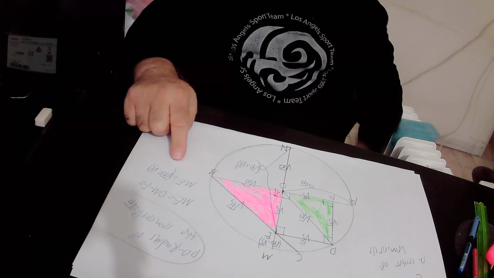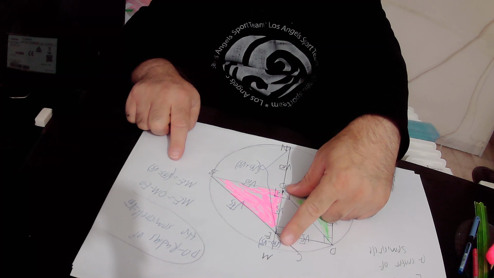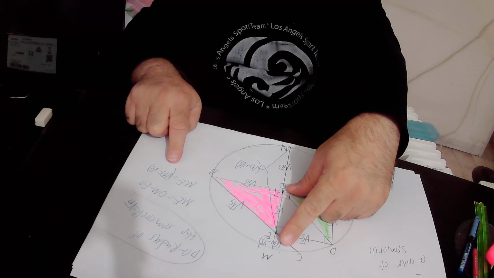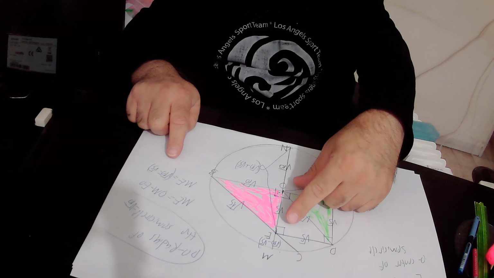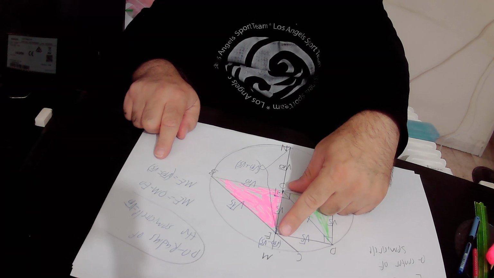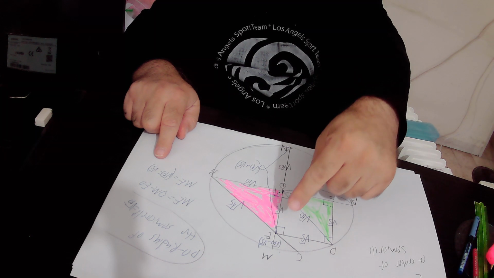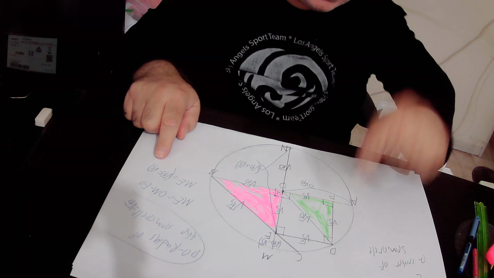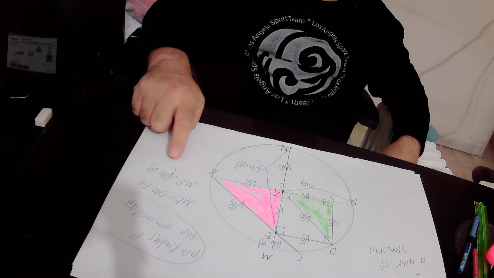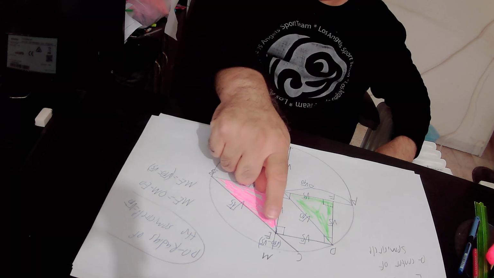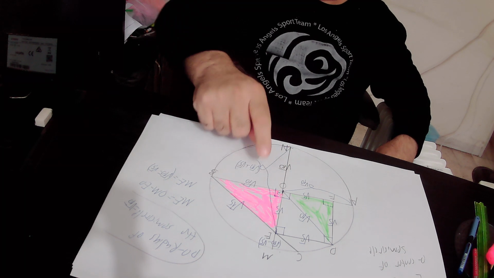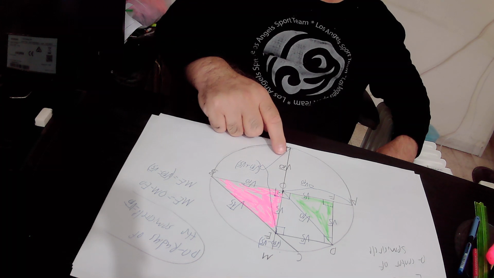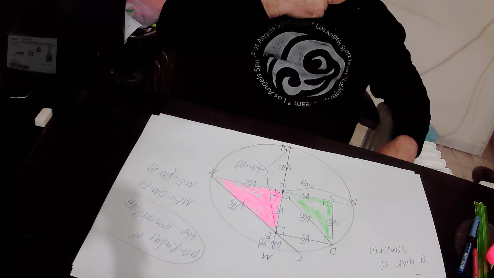So ME equals OM, that is the radius of the circle, which is equal to the square root of 10 units, minus OE, which is equal to the square root of 5 units. Why? Because it is one side of square DEOF. So in conclusion, ME equals the square root of 10 units minus the square root of 5 units. And we also found that ON equals the square root of 10 units.